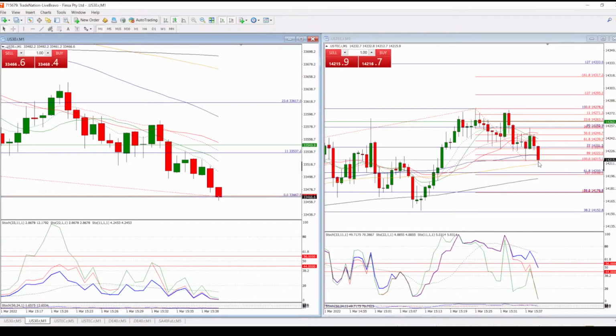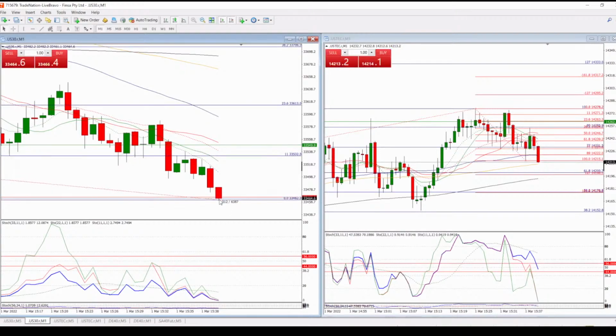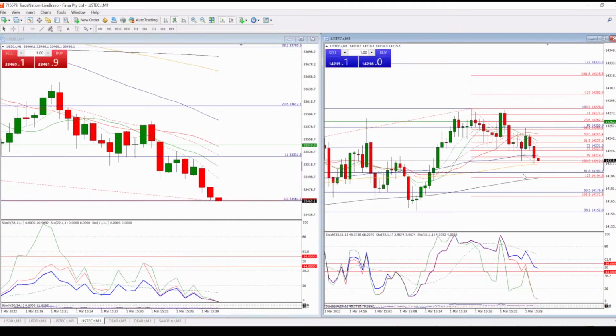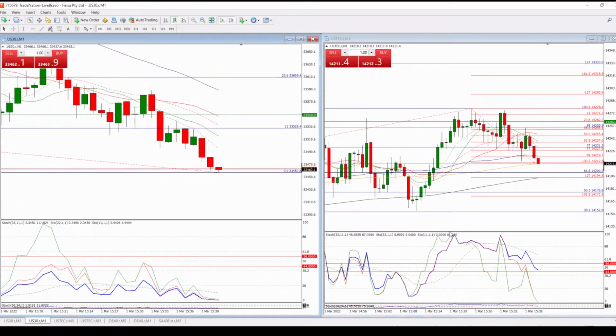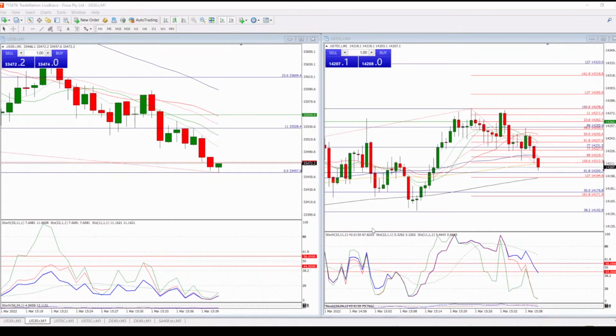There it has taken it, but I'm not taking it since we are very close to that 50 of opening. On the Dow, we're about 25 points away from that opening price. Oh, sorry, from the 11 of daily.